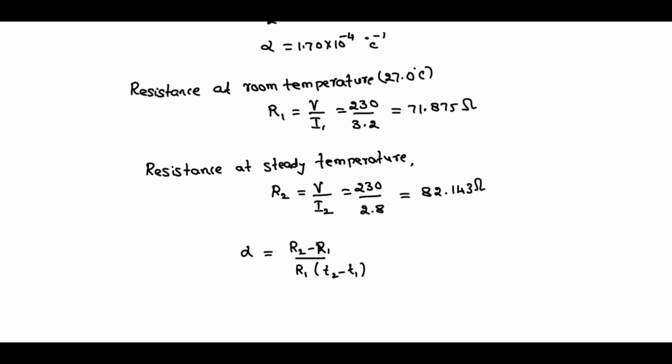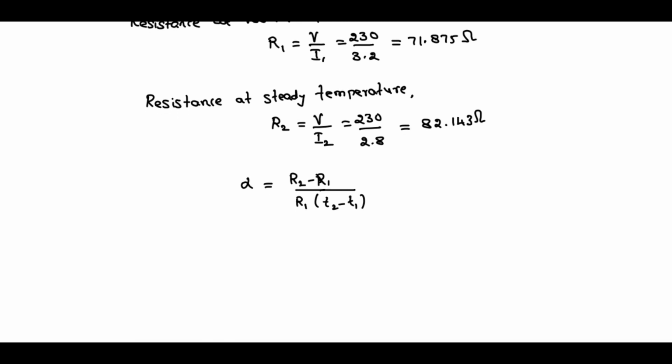We can take T1 as room temperature, T2 as steady temperature. From this formula, we can write T2 minus T1 is equal to R2 minus R1 divided by R1 alpha.